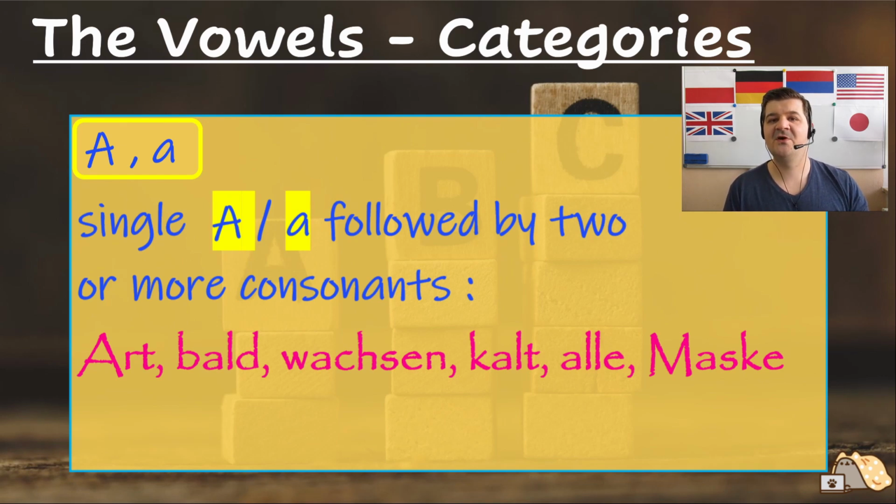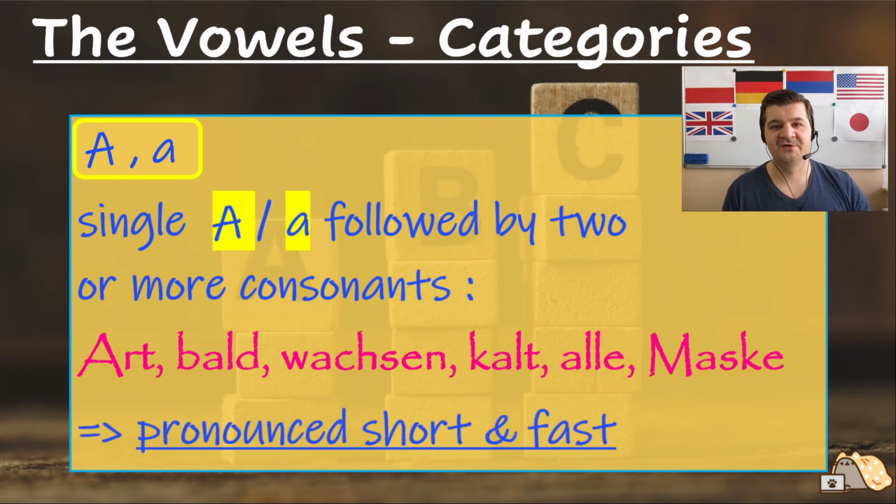So you see, those A sounds are pretty short and kind of fast as well. So short and fast. That's how you have to pronounce it in these positions inside words.